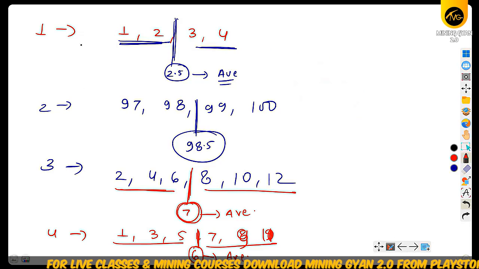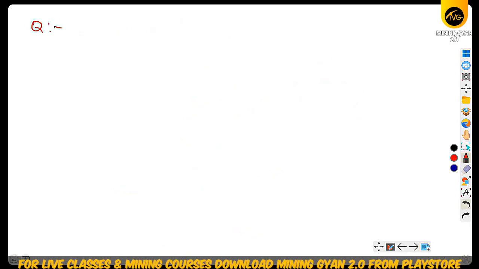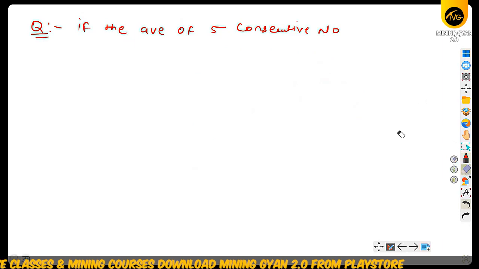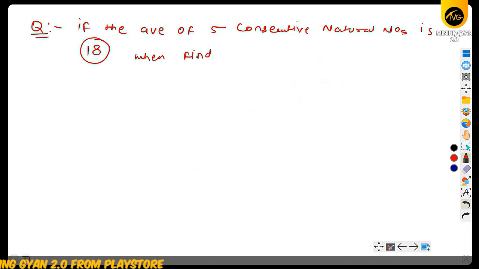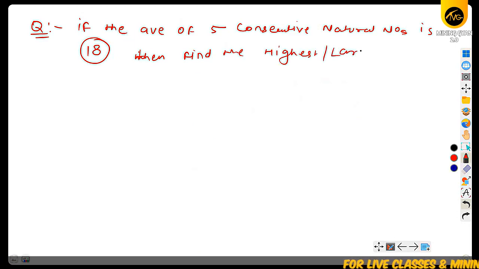Now suppose we have a question, for example: if the average of 5 consecutive natural numbers is 18, then find the highest number, or you can say the largest number.